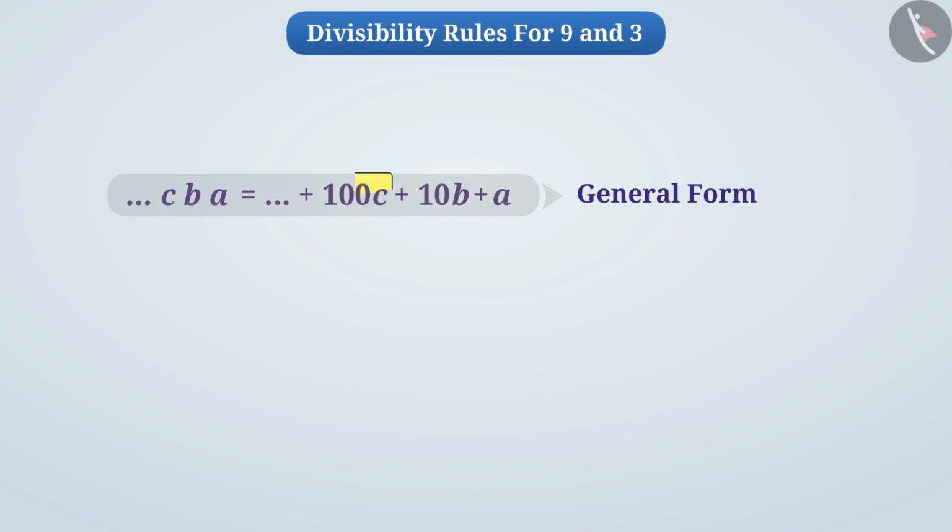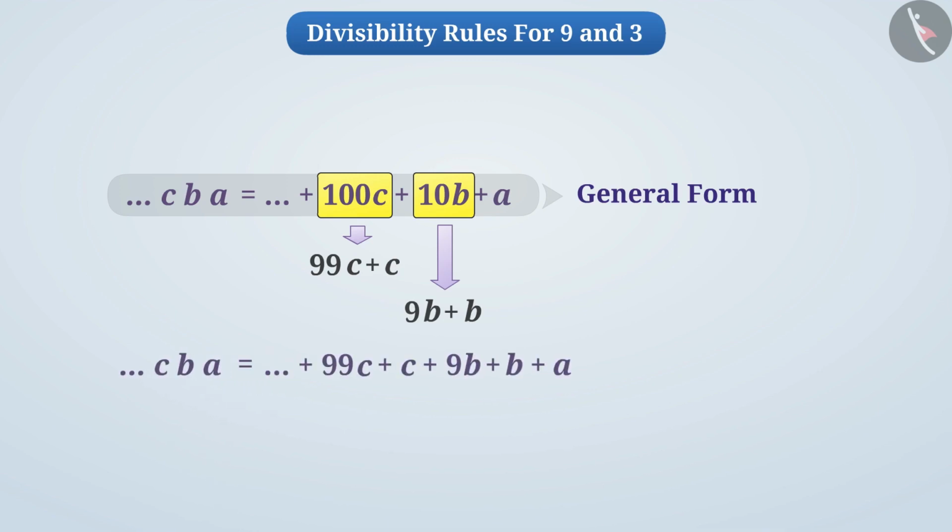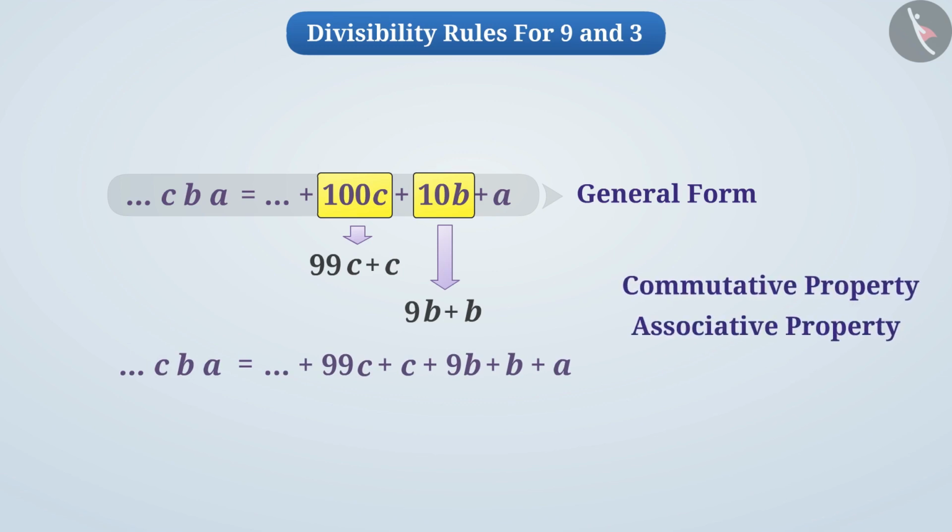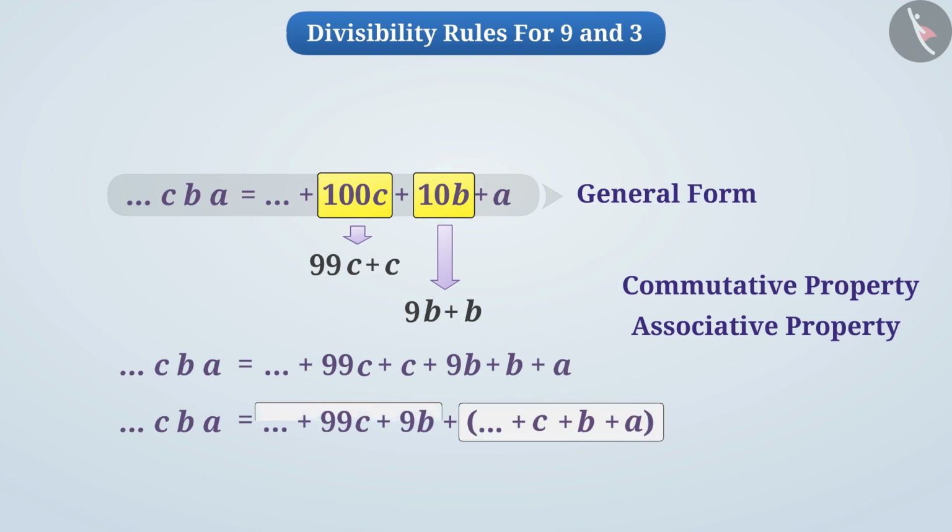We can write 100C as 99C plus C. In the same way, we can write 10B as 9B plus B. In this way, we can also write this number in this form. With the help of the commutative property and associative property of addition, we can change their order and form groups like this. It represents the sum of the digits of the number.